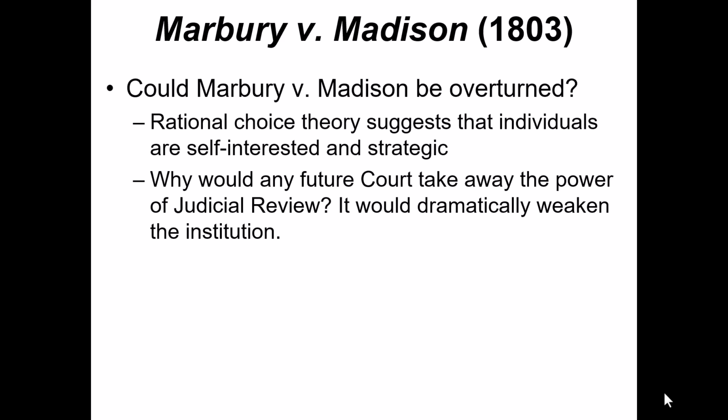But in a self-interested and strategic manner, he creates a precedent of judicial review. So why would a future court and future justices take away this important power of judicial review? It would dramatically weaken the institution of the courts. So it seems like an unlikely scenario, but not impossible.